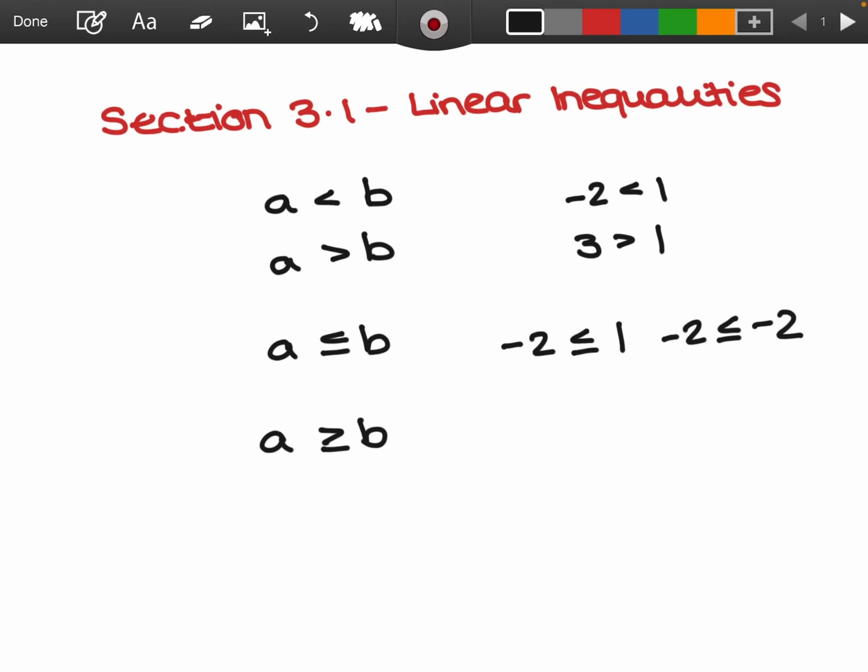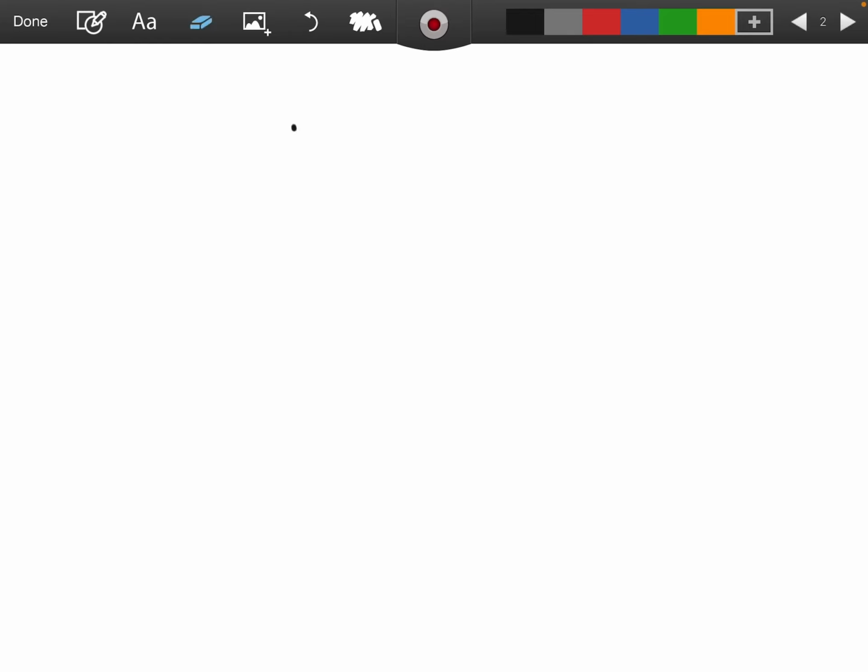Whenever you have any one of these inequalities, you can add or subtract the same number from both sides, exactly the same as you would do with an equation when you have an equals. So if I had, for example, A is strictly less than B, okay, I could add some value C to both sides of my inequality.